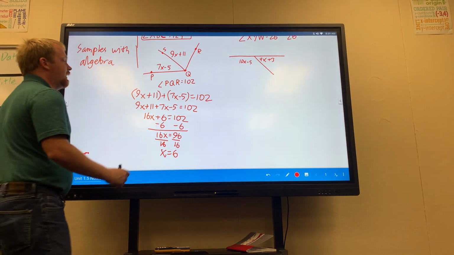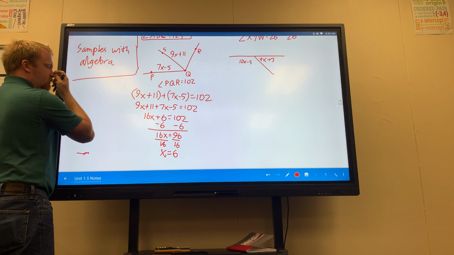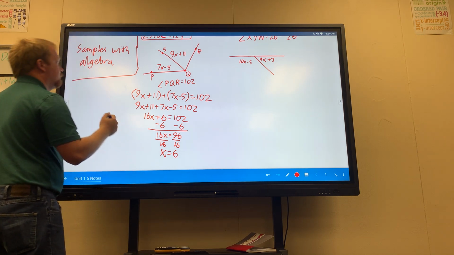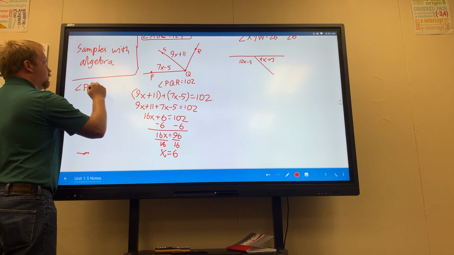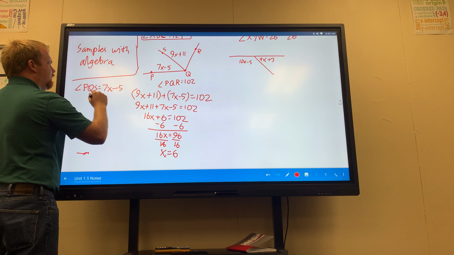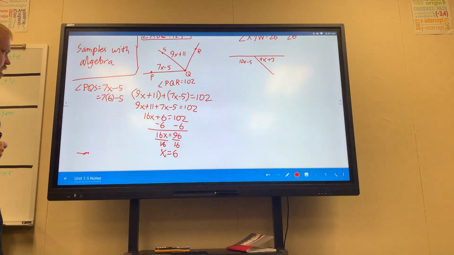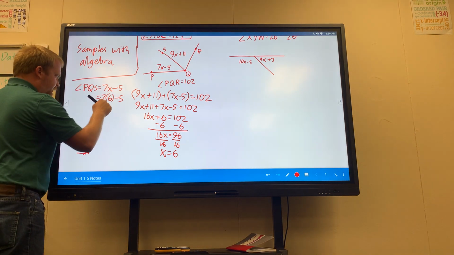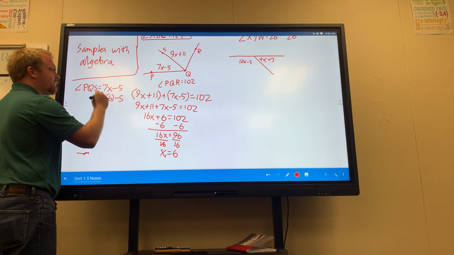If I want to find angle PQS, I have to replace the x with 6. So 7 times 6 is 42.